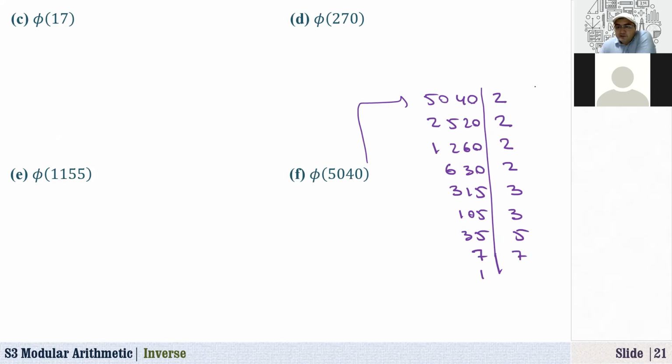So these are 2s, 2 3s, 1 5, and 1 7, right?